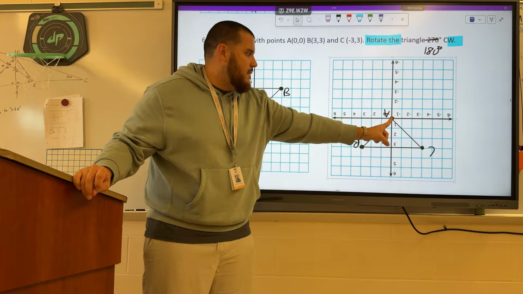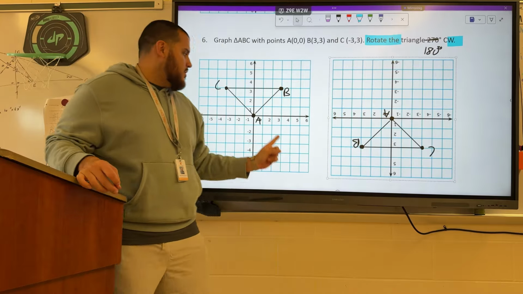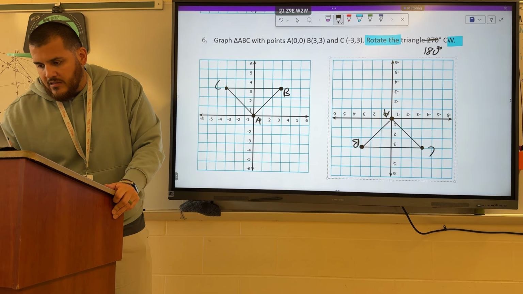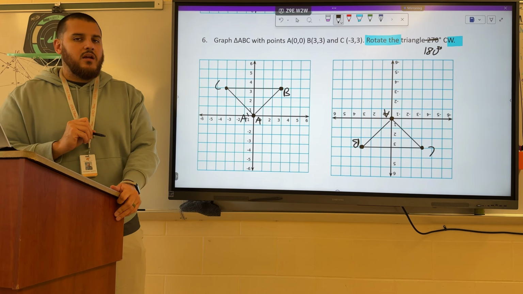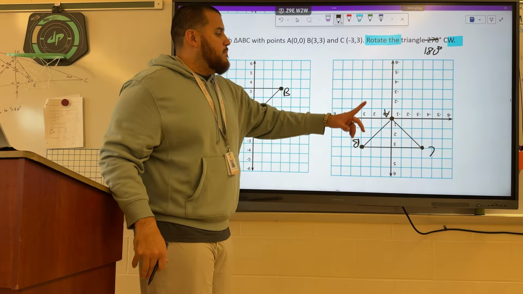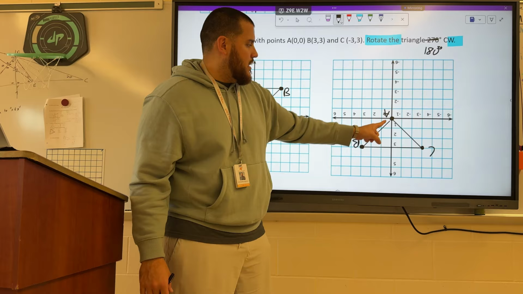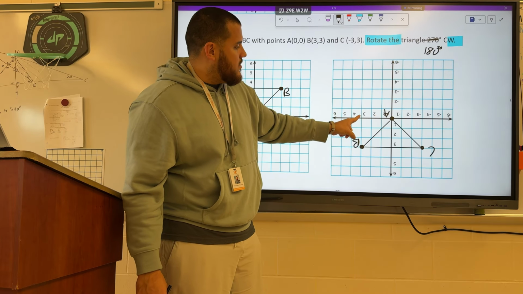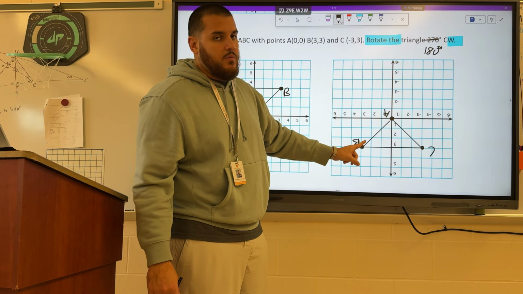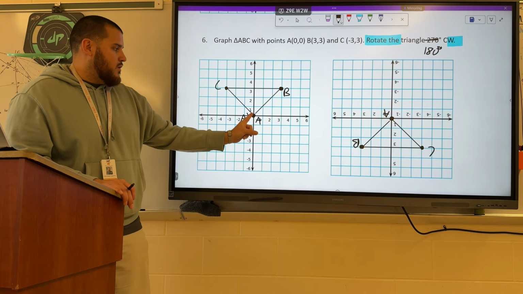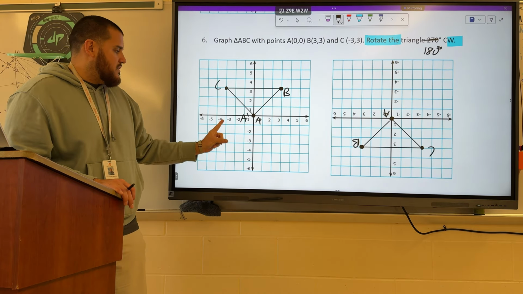For example, A is still at the origin in the middle, so that I know that A prime here is going to be in the same exact location there at the origin. To get B and C, I'm just counting how far away those points are from the origin. For example, to get to B, I would go to the left 3 and down 3 to get to point B. So I memorize that pattern, left 3, down 3. When my paper is normal, I go from the origin, left 3, down 3, and there is the location of B prime.